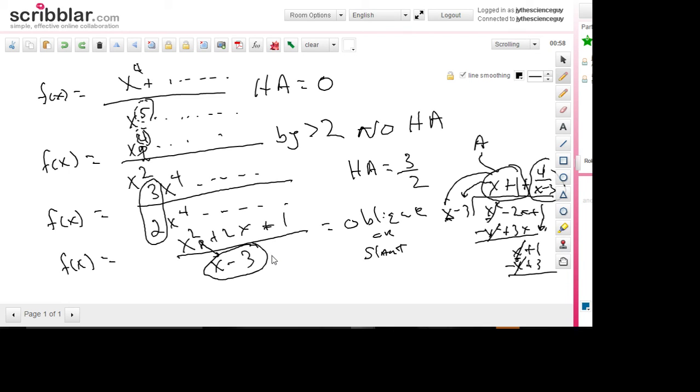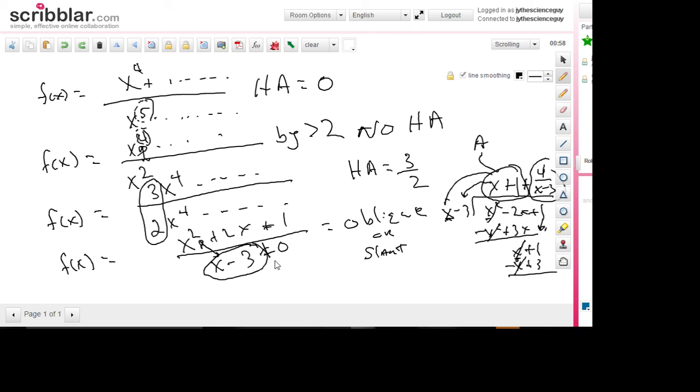So x minus 3 is not equal to 0, so x can't be equal to positive 3. There you go. That's one of your asymptotes, and x plus 1 is the other one.